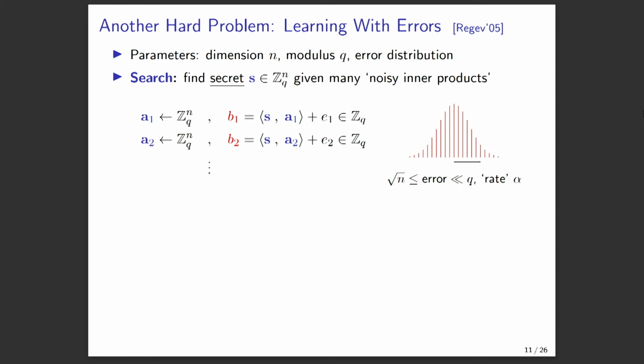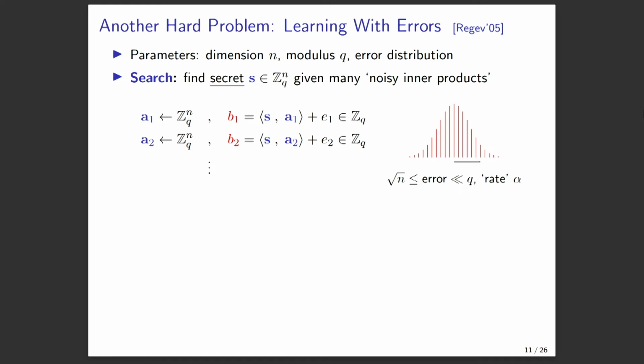So if you think of Z_q as a big cycle, like the clock, the error maybe is between 10 p.m. and 2 a.m., something like that, which is 1/3 of the clock. So the error rate's about 1/3, and so some small fraction of the overall cycle gets added to every inner product here.